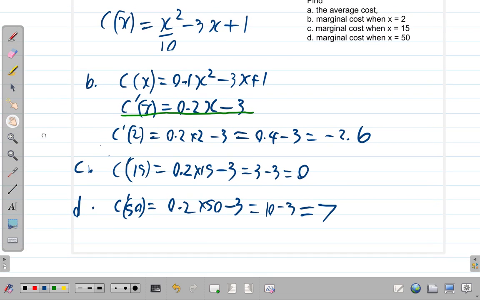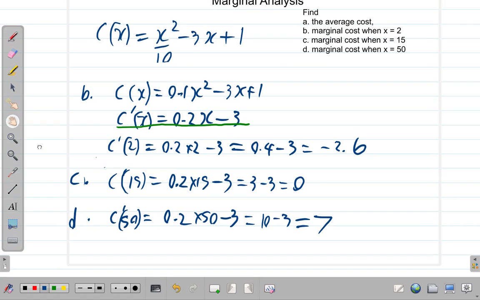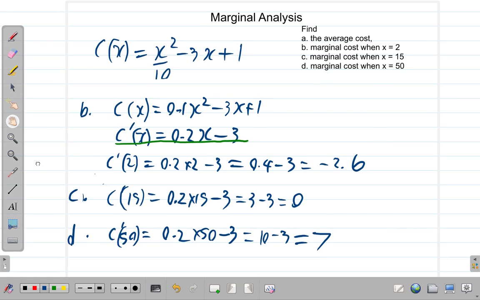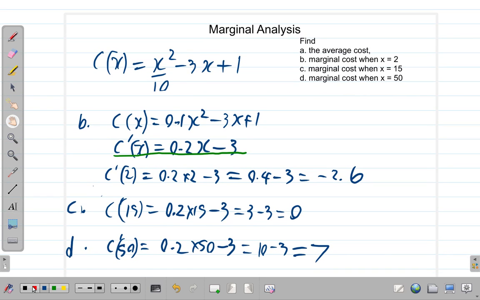What would be the cost when x is equal to 2? Let's calculate it in this corner here. C of 2 will be equal to 2 squared over 10 minus 3 by 2 plus 1, which equals 4 over 10 minus 6 plus 1.